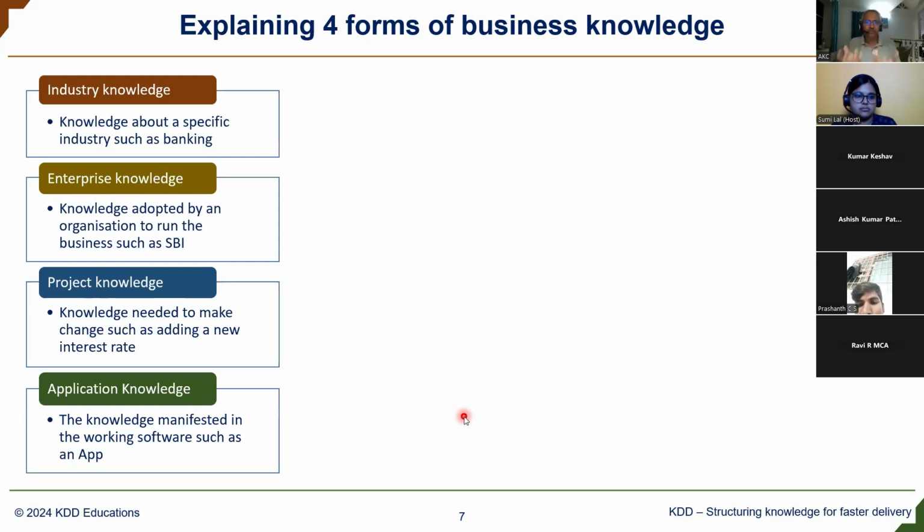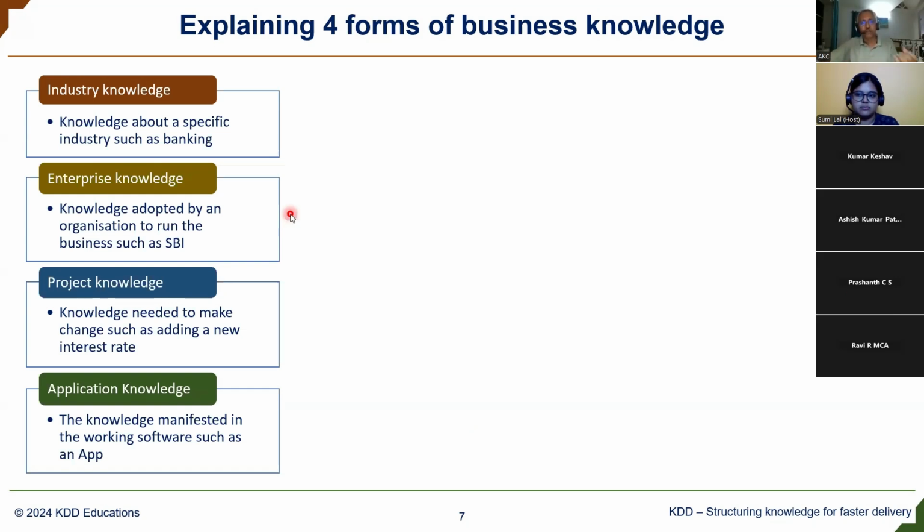For example, insurance or banking, that's an industry. So how that industry works, we're talking about it. Then there's enterprise knowledge. Enterprise knowledge is actually the adoption of industry knowledge for a specific enterprise. The example given here is SBI.